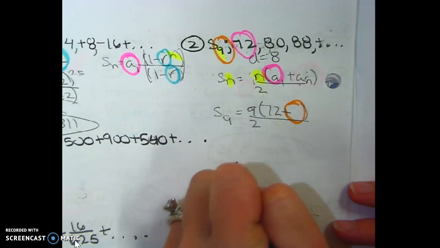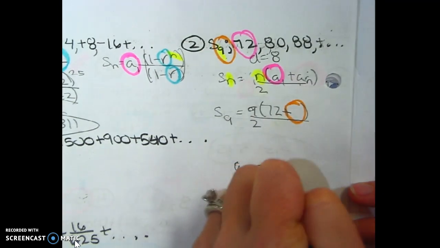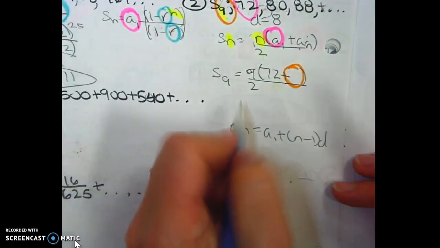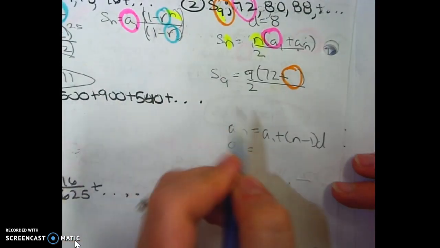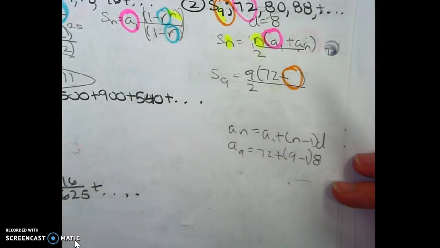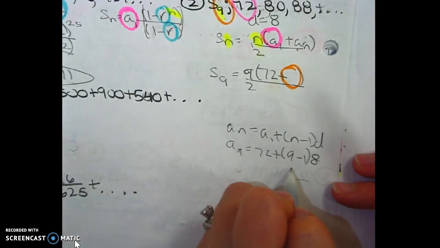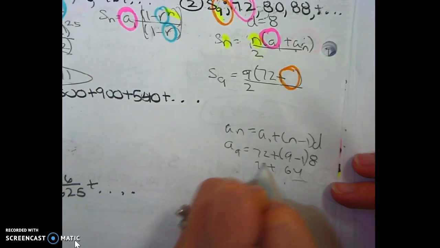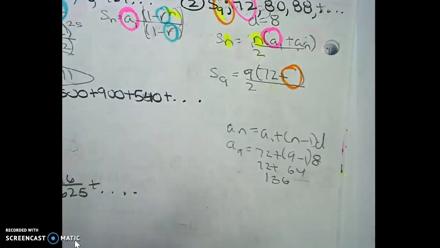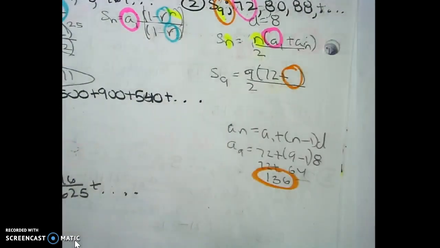So I'm going to go down here, a sub n equals a sub 1 plus n minus 1 times d, because I'm using an arithmetic sequence. So I'm really going to find the 9th term in the pattern. I use the first term, the 9th term in the pattern, and the pattern's 8. 9 minus 1 is 8. 64 plus 72 is 136. So that 136 is what's going to go in here.